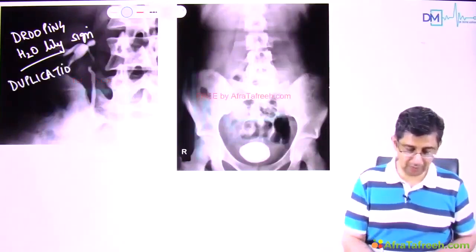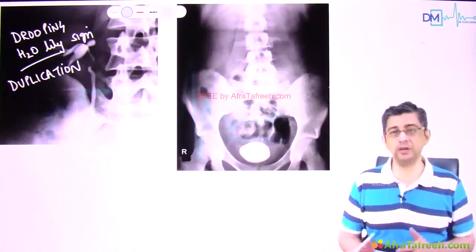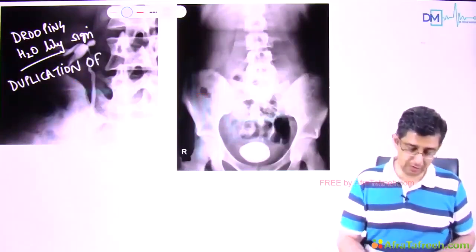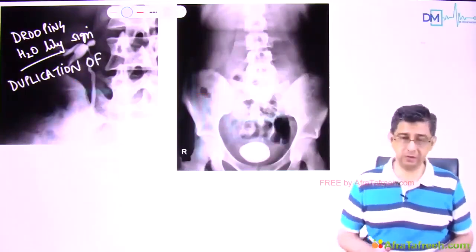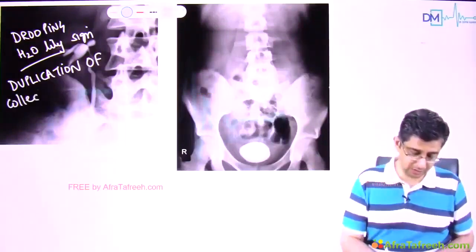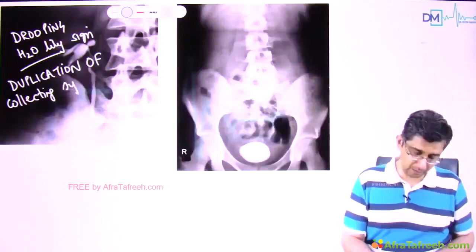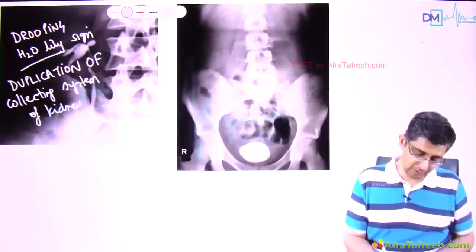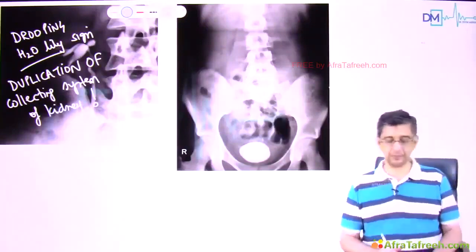So an easy pick. I think you would have read it in other subjects also, but since I have come across this question, a quick revision. A duplication of the collecting system of the kidney is responsible for this drooping water lily sign.